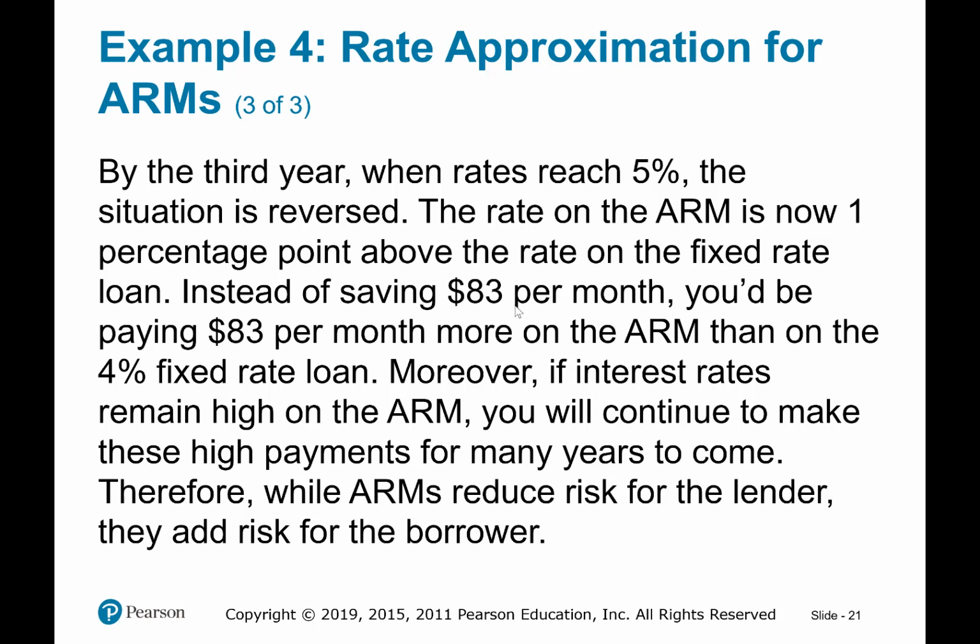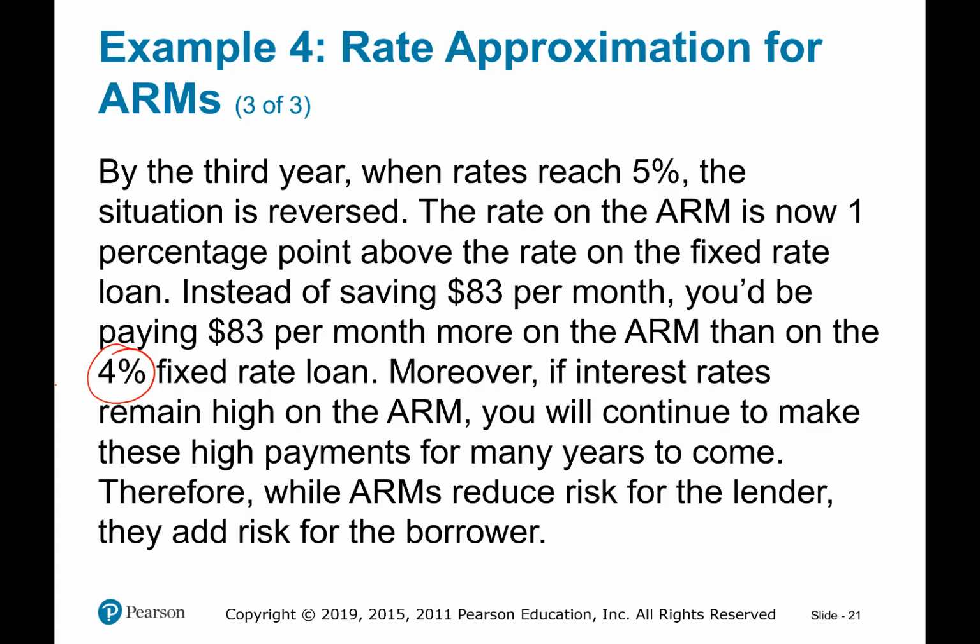So we can assume that it's going up 1% a year. That means the second year we're breaking even, because the rate is 4%, which is the same as the other loan. And then the third year, we're now losing $83 a month.